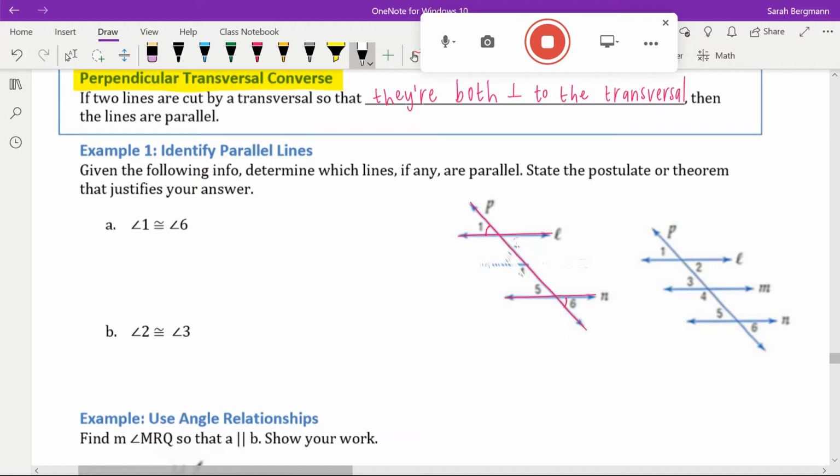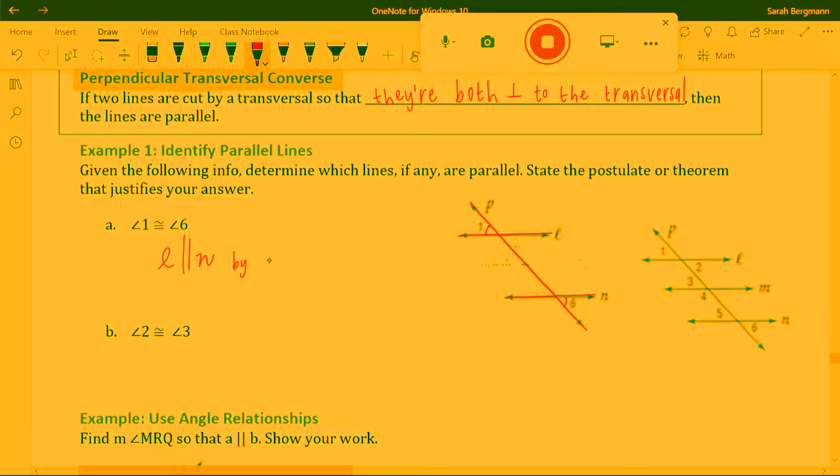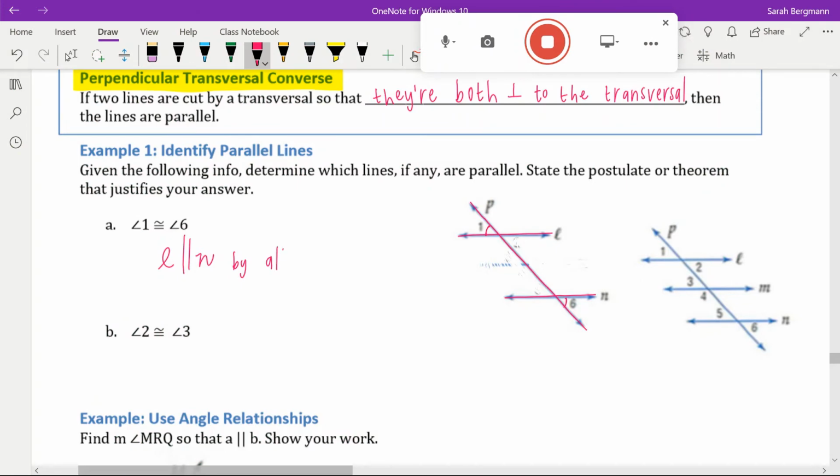Now, looking just at what we have highlighted, angles 1 and 6 are alternate exterior angles. Since they're congruent, I know L must be parallel to N by the alternate exterior angles converse.